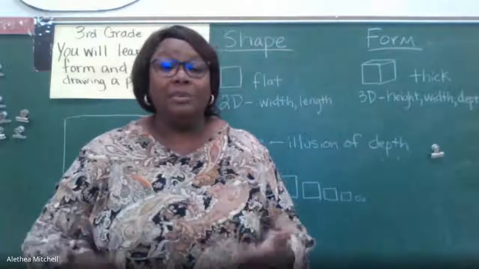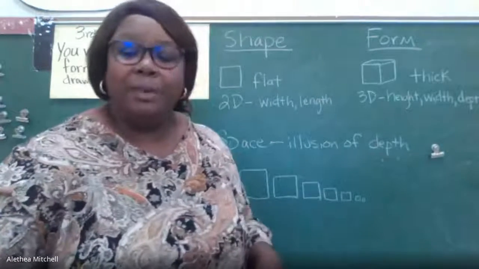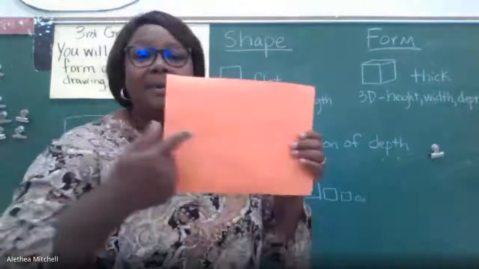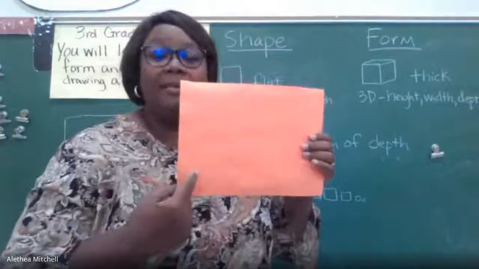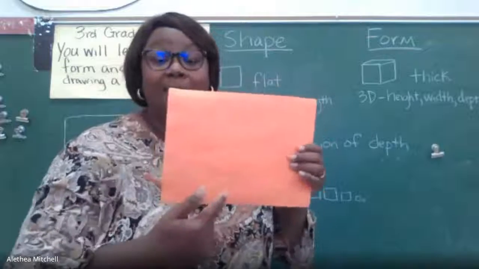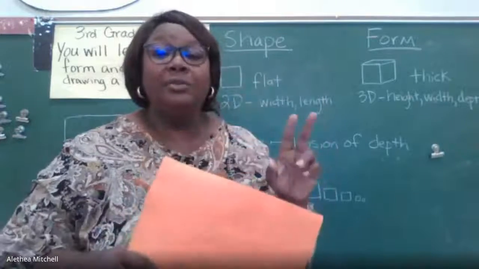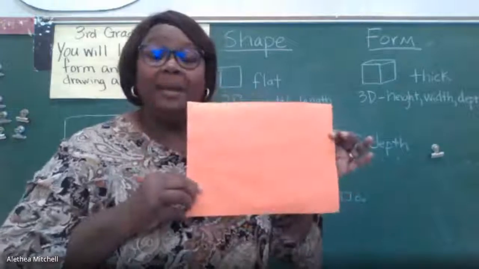And when it comes to a shape, it's flat, it's thin, but also a sheet of paper has width. You can see how wide it is. And also you can see how long it is. It has width and length. Those are the two dimensions of something like a sheet of paper.